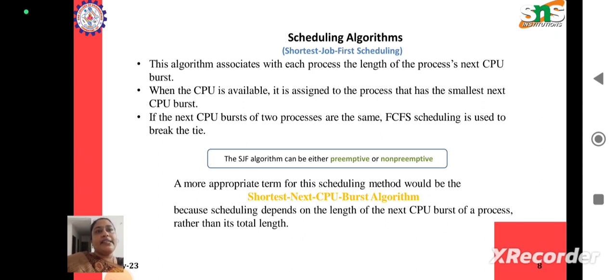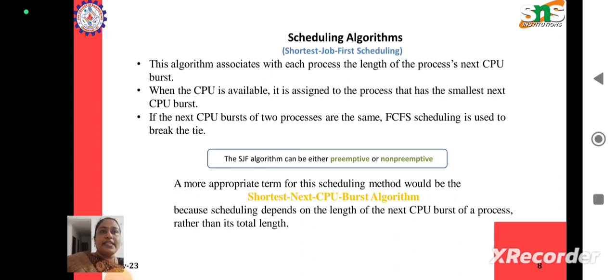In shortest job scheduling, a more appropriate term for the scheduling method would be the shortest next CPU burst algorithm. The scheduling depends on the length of the next CPU burst of a process rather than its total length.